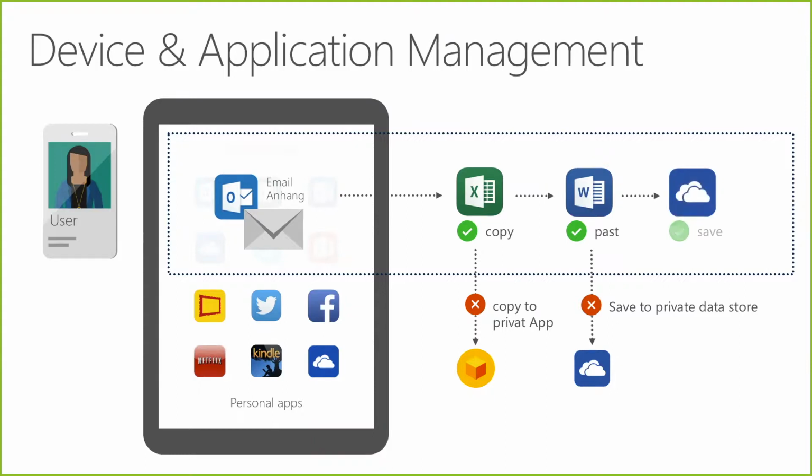But what works is to save this on the OneDrive for Business instance, which is also part of your iPad or Android pad or whatever. So this is a combination of device and application management, bringing in Azure Active Directory, Intune, and mobile application management.